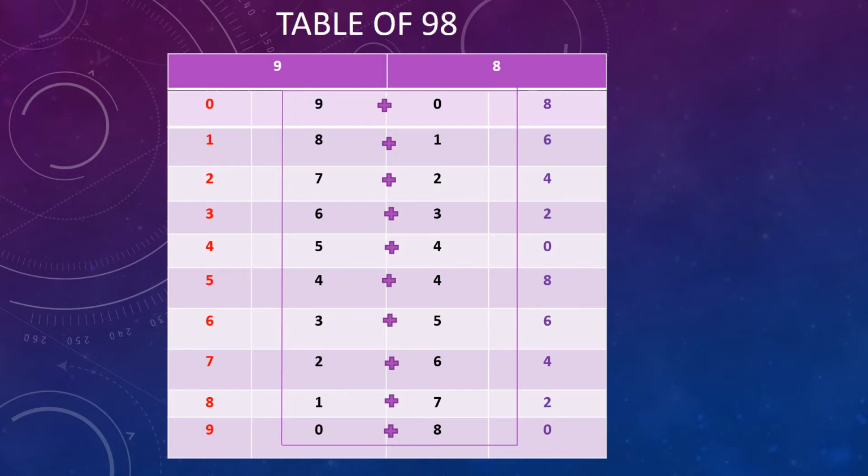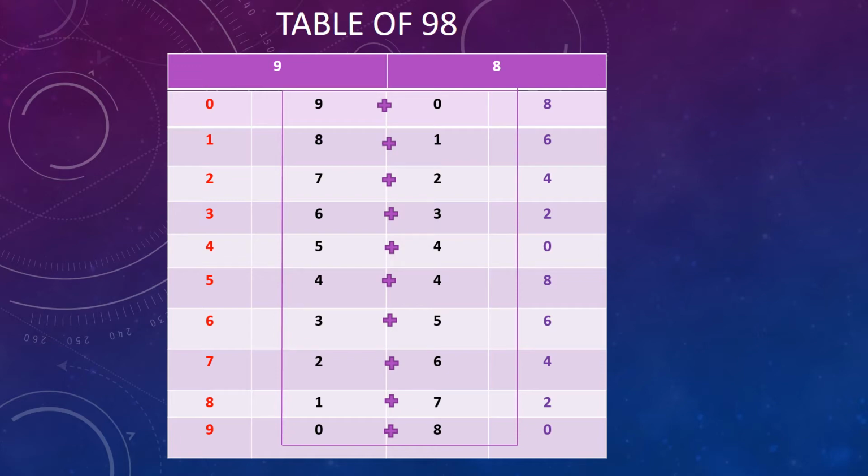So first you have to write 0, and as the second number you will write 9 plus 0 is equal to 9, and the last one you need not touch, 8 as it is. So the answer will be 98 into 1 is 0, 9, 8.